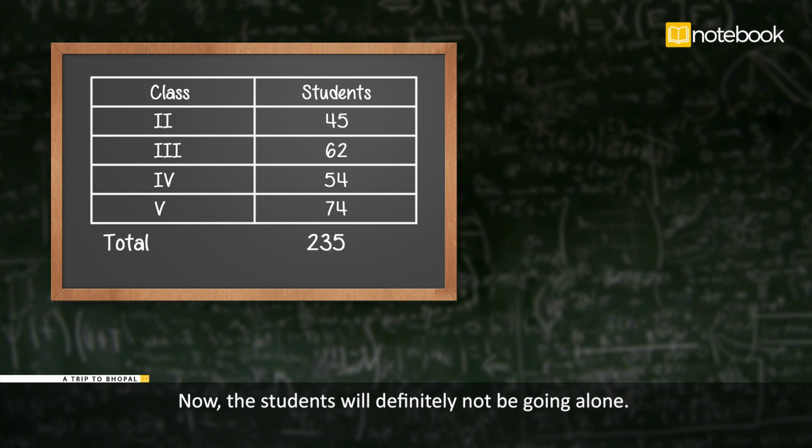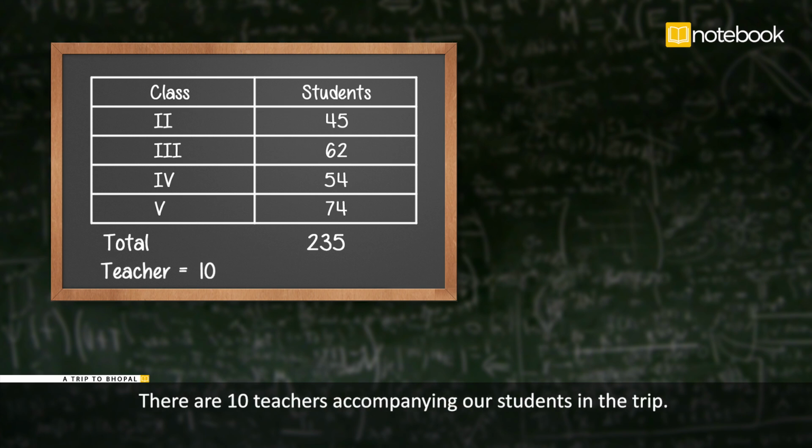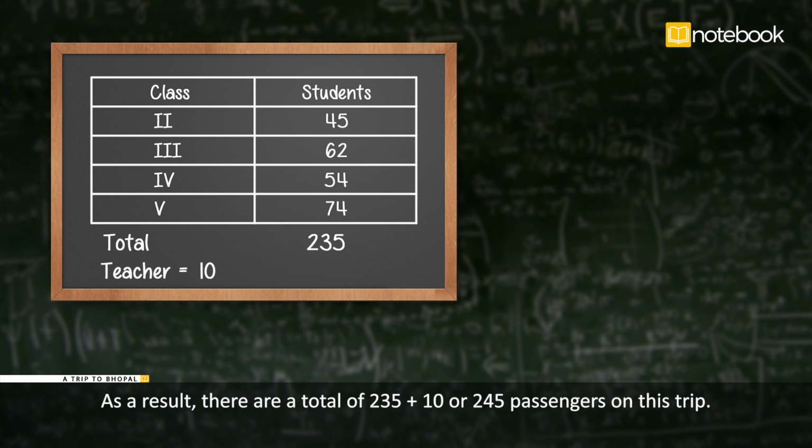Now, the students will definitely not be going alone. There are 10 teachers accompanying our students in the trip. As a result, there are total of 235 plus 10 or 245 passengers on this trip.